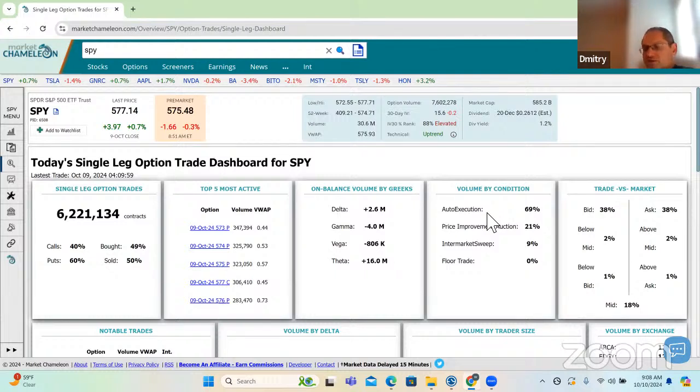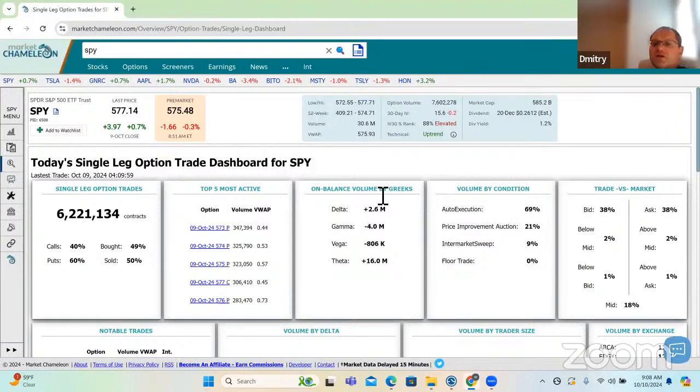And then once it isolates those single leg trades, it performs different analytics on those trades so we could get some insights and a summary of some of the metrics that we're calculating.